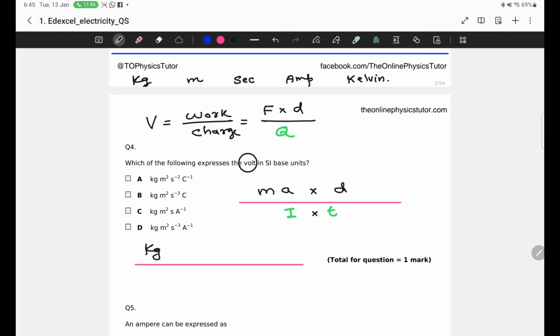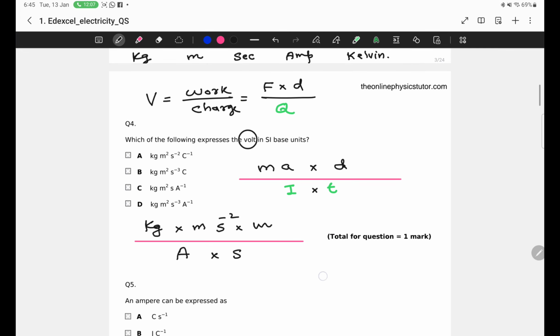Mass is kilogram, acceleration is meter per second square, distance in meter, current in ampere, time in seconds.